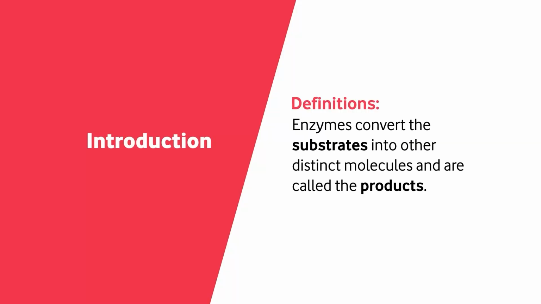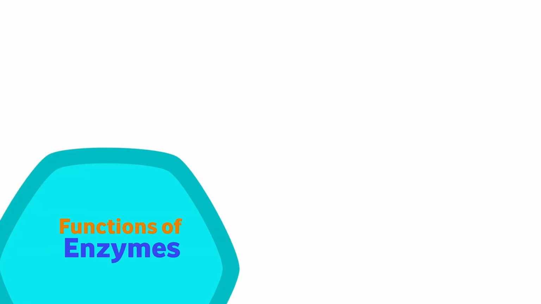Another important thing is that enzymes convert the substrate into another distinct molecule, and that molecule is called the product. So basically, enzymes convert the substrate into the product. This is the basic idea about enzymes, and enzymes perform various functions.